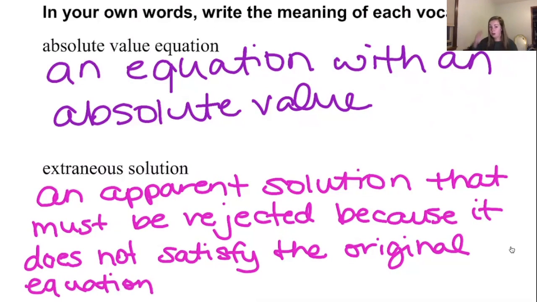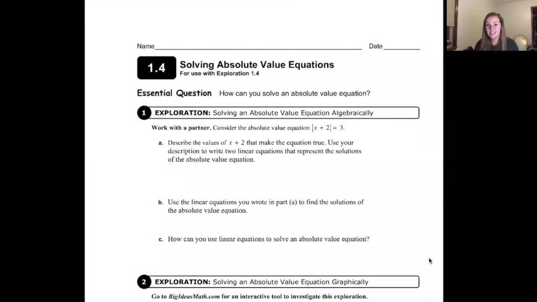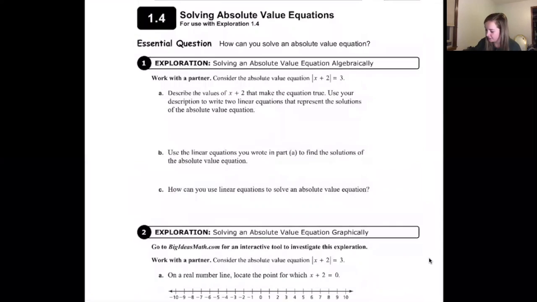Again, feel free to pause it here to make sure that you get this all written down. So like I said, 1.4, starting on page 17 in your book, here we go.